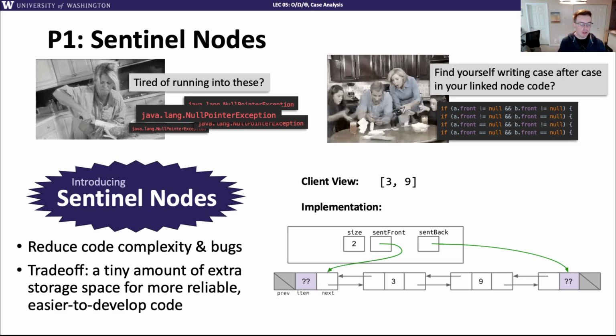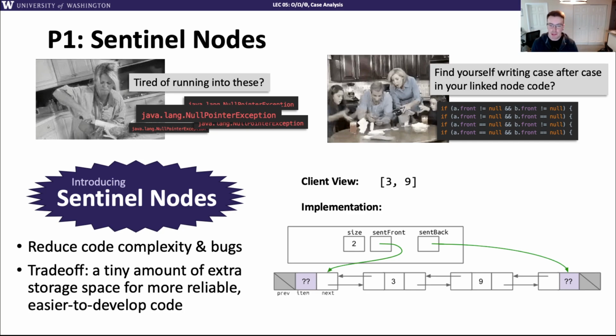But I would argue in our context for 373 right now, the amount of savings you get from time and effort for debugging and having this gigantic, ugly code is so much more worth having an extra 20 bytes of memory or something like that. So we're going to be okay with this trade-off for this assignment. So please use those sentinel nodes like we suggested. Our diagrams show you what the state would look like after that. So that's an important thing.